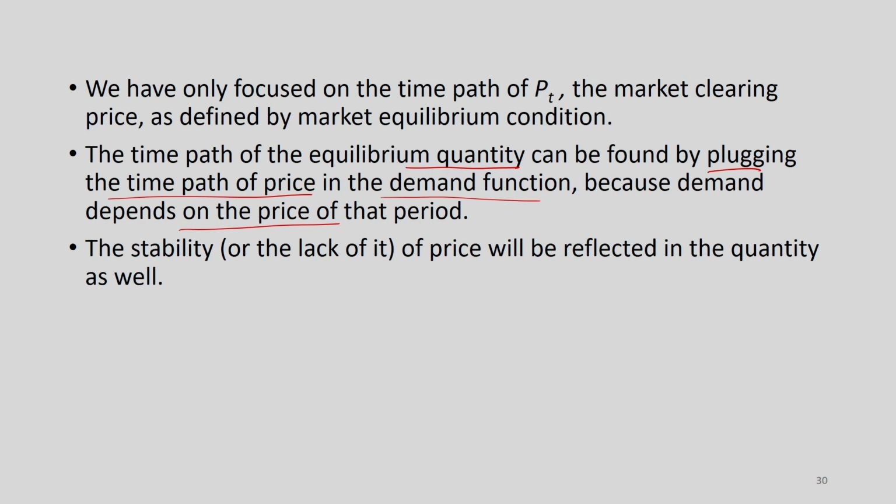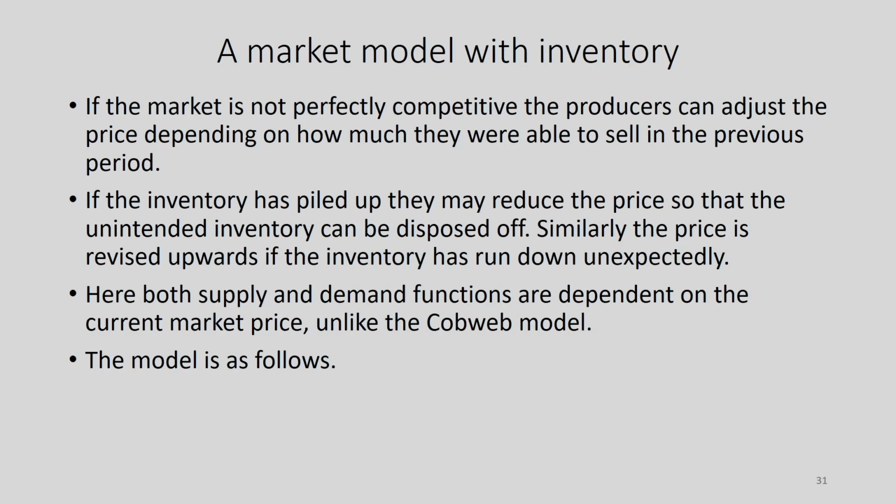And the stability of price will be reflected in the quantity as well. So, if the price path is stable, or it is unstable, then that will be replicated in the quantity stability or instability as well. Okay, so, this was the Cobweb model.